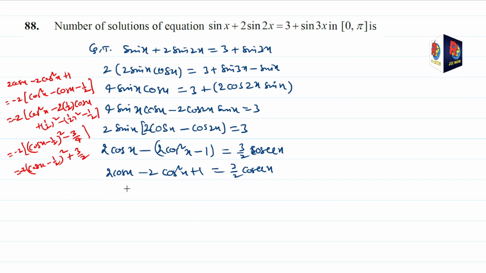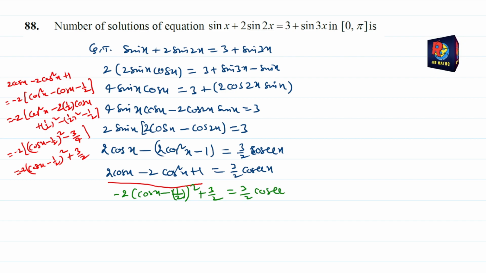So I can write this entire value like this: minus 2 into (cos x minus 1 by 2) whole square plus 3 by 2 is equal to 3 by 2 cosecant x.